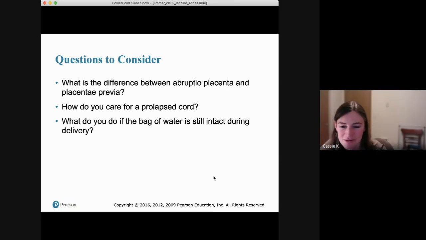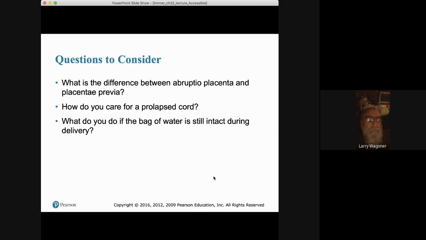Someone's job is going to be to put their hand on the baby's head, trying to lift it off of the cord, and transport as fast as we can. If the amniotic sac is still intact during delivery, you'd break it.